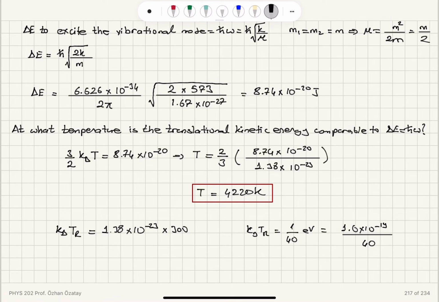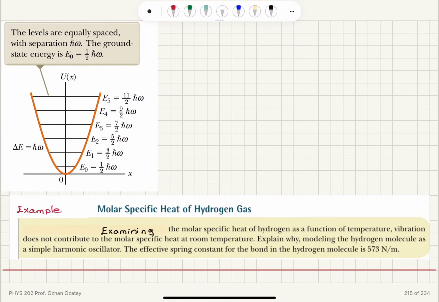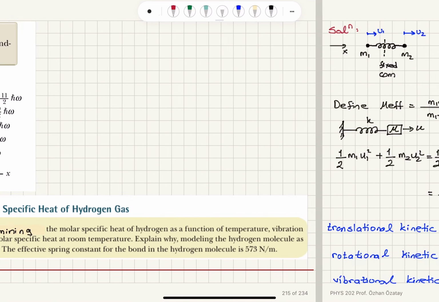So you can see that this number is less than the spacing between the energy levels. Therefore, at room temperature, the vibrational modes are not yet excited. So we see no contribution from vibrations of the atoms to the molar specific heat because the vibrational modes at room temperature are not yet excited.